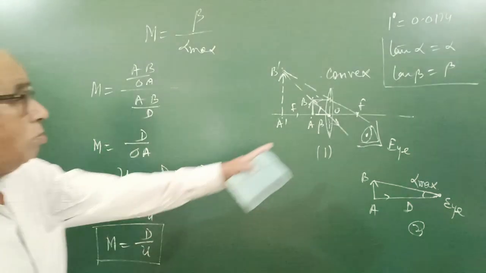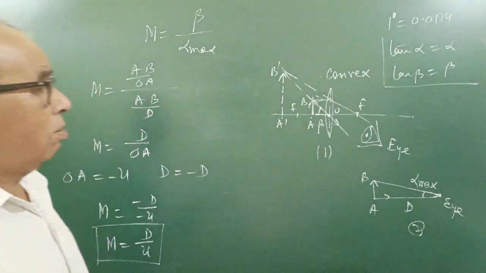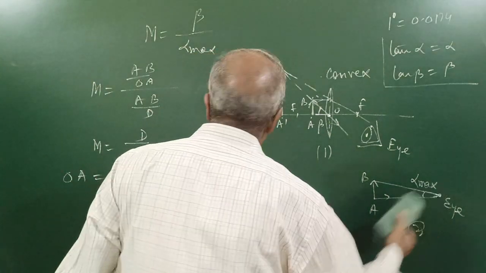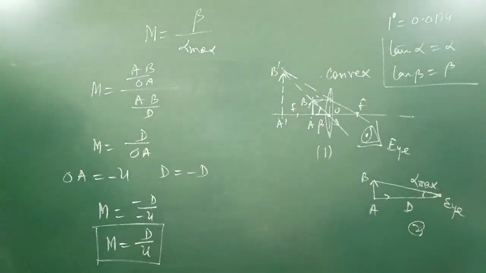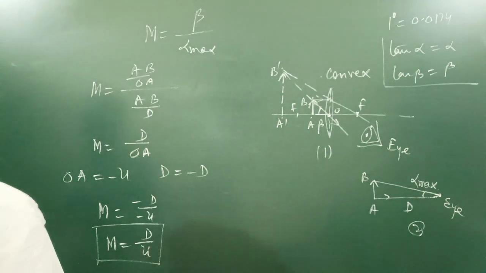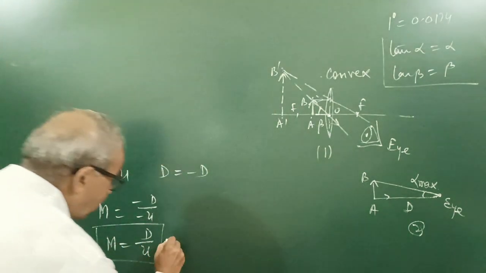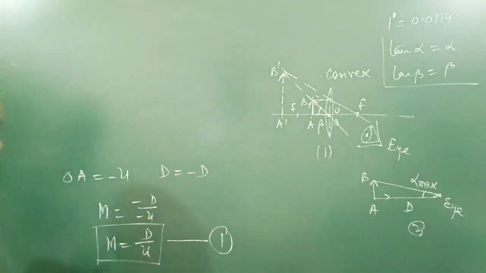Object distance from the convex lens. D is the least distance of distinct vision. Now, this is a general expression for magnifying power.